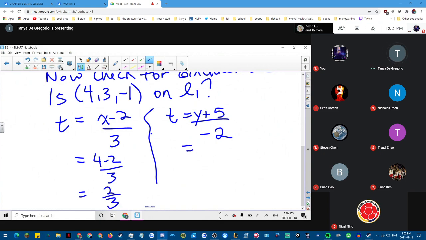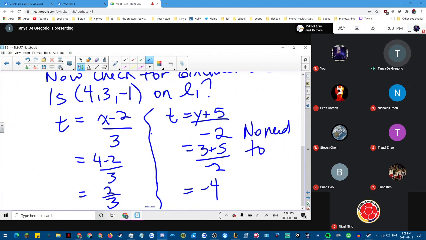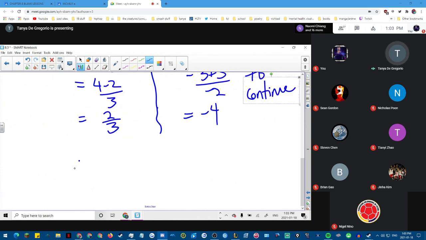Over here, I have 3 plus 5 divided by -2, and I get -4. So what do you guys think? Do I need to go any further? The t's are not equal. Do I need to check the third one? No. If these two were equal, then I would have to, but they're not, so I don't need to continue. I can automatically say now that line 1 and line 2 are parallel, but not coincident.